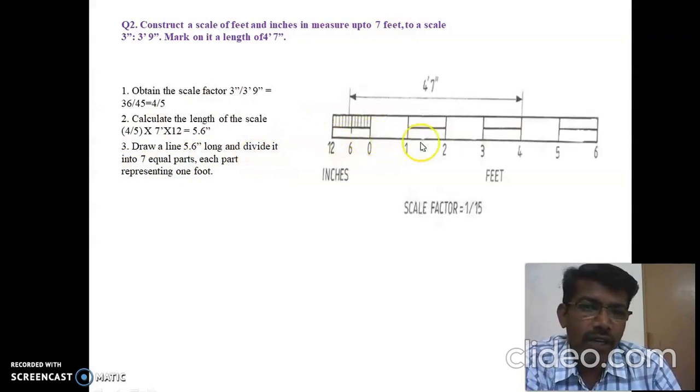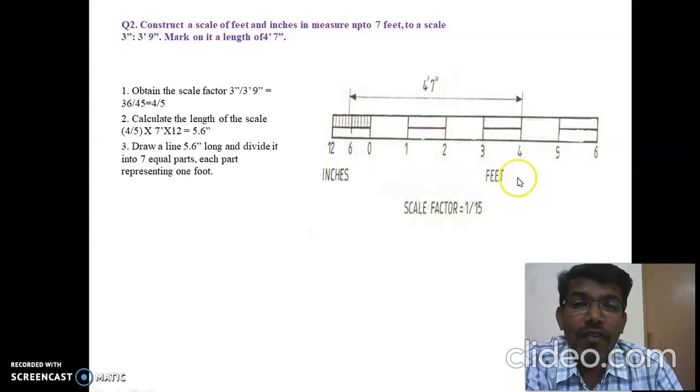So here you can see the diagram. This is the total length of the scale. Representation factor is 1 by 15. Here it is wrongly printed. It is 4 by 5, right? Then here the divisions, this is 1, 2, 3, 4, 5, 6, 7. Already I have told you that the first division is to be noted as 0, and on the right side of the 0 you increase the numbering up to 6, and the left side of the division 0 is represented with the subunits.